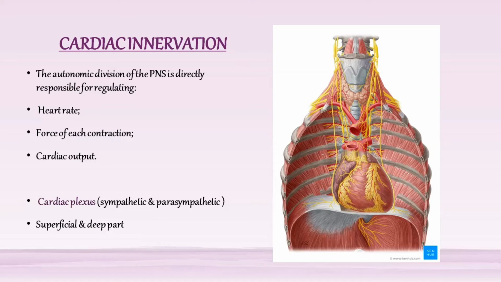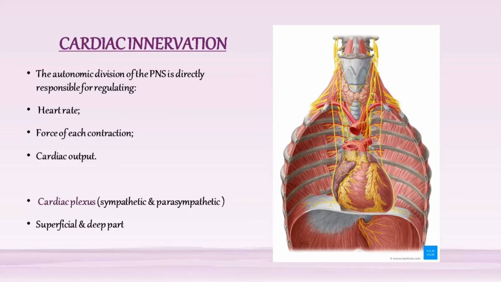The sympathetic supply arises from the cervical and upper thoracic portion of the sympathetic trunk, and the parasympathetic fibers come from the vagus nerve. In addition to this, there are visceral afferent fibers which are conveying reflexive and nociceptive fibers from the heart.